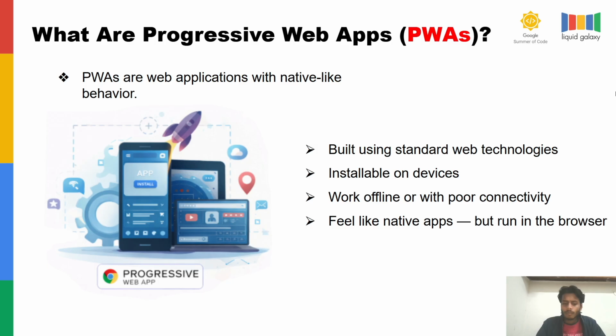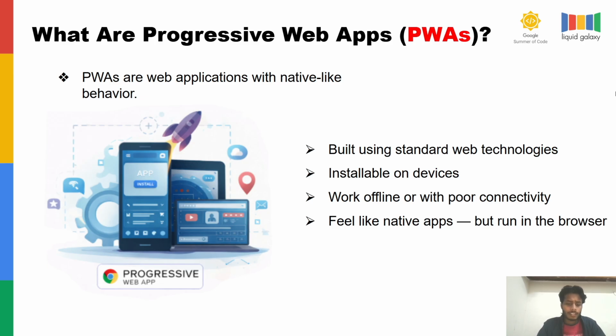They are built using standard web technologies like HTML, CSS, and JavaScript. There is nothing special about the technology stack. Any developer can build a PWA, but what makes a PWA different is how it behaves. Unlike a traditional web page, a PWA behaves much more like a native application.